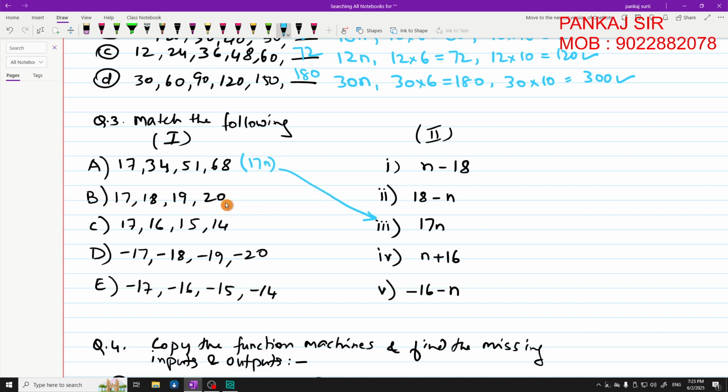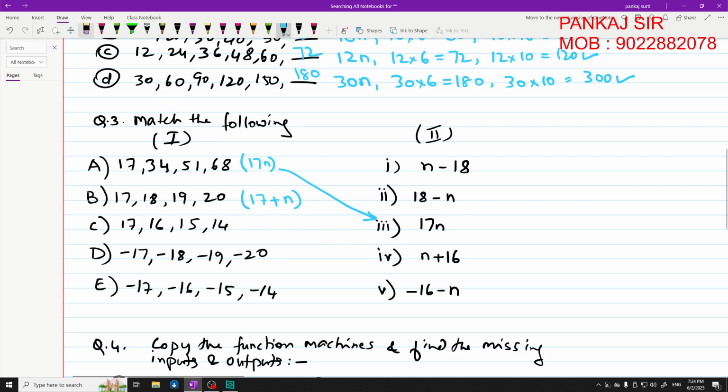Now let us go to find the nth term of this B sequence, which is 17, 18, 19, 20. This is very nicely written as 17 plus n, because when you take n one by one, 1, 2, 3, 4, you'll get 17 plus 1, 18. Okay, so this should not be that. 17, 18, 19, 20 should be n plus 16.